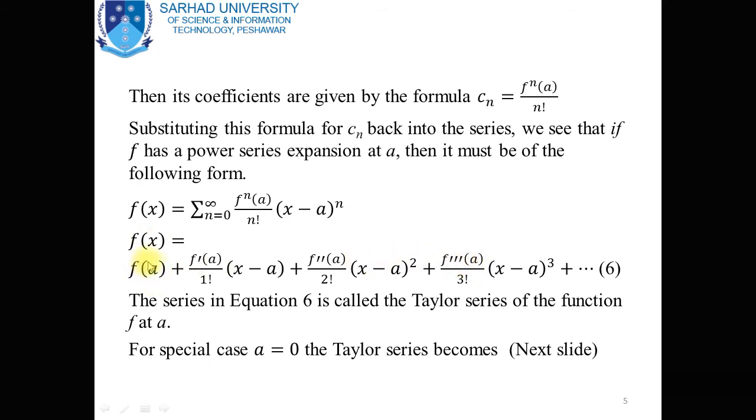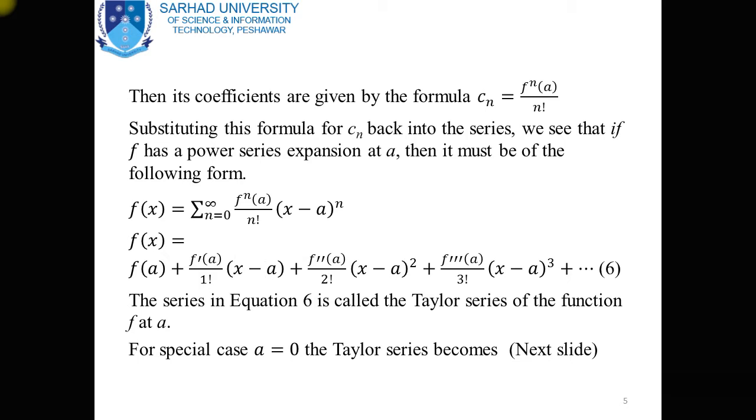So first of all find f of a, then find f prime a, then f double prime of the function at x is equal to a, and f triple prime of the function at x is equal to a. Then put the terms in this equation number 6. You will obtain the Taylor series. And there is a very simple difference between the Taylor and Maclaurin series.